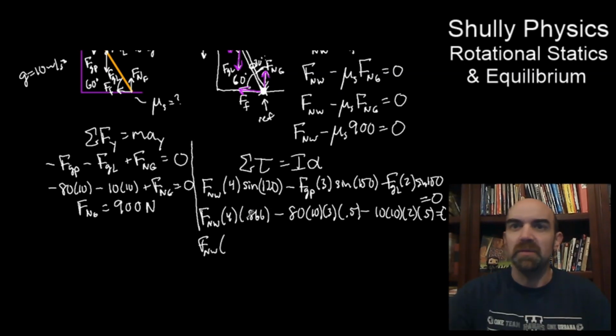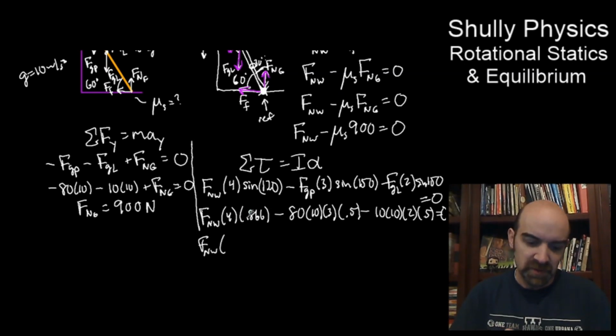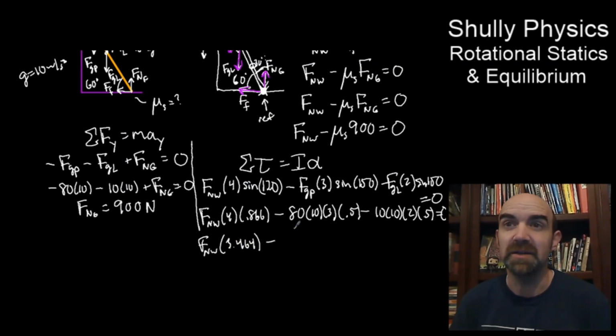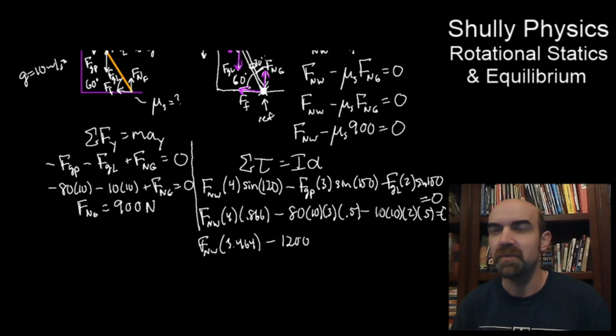All right, 4 times 0.866 is 3.464. Go ahead and keep all those. All right, 800 times 3 is 2,400 times 1/2 is 1,200. And we get 200 times 1/2 is 100.